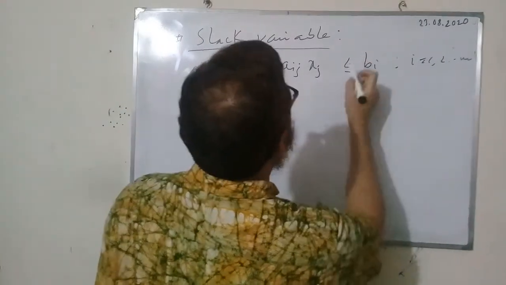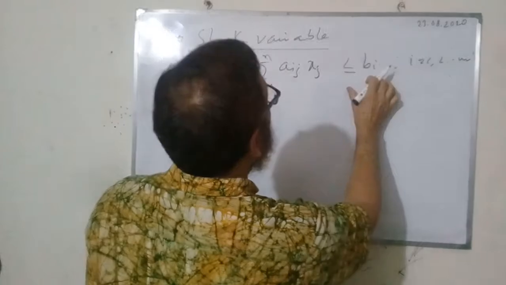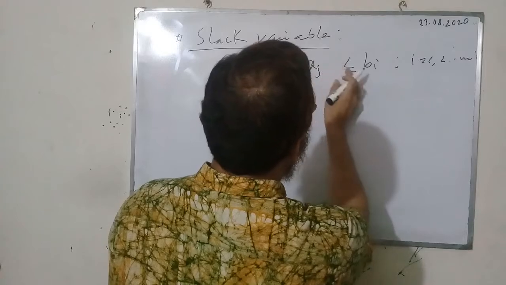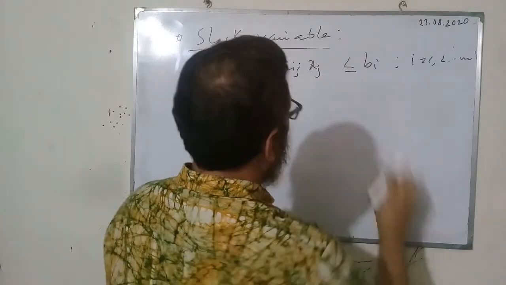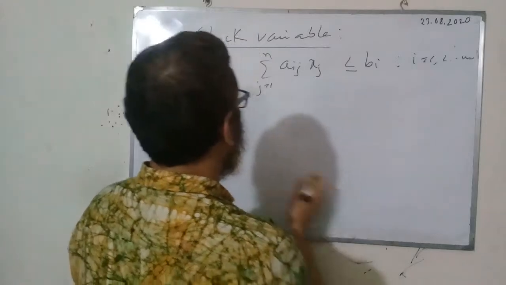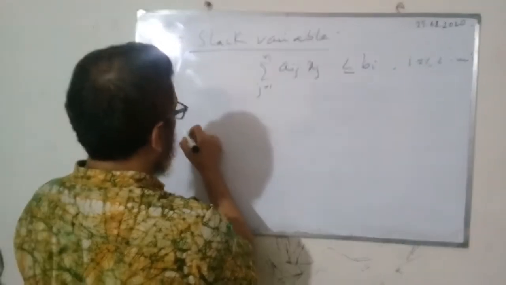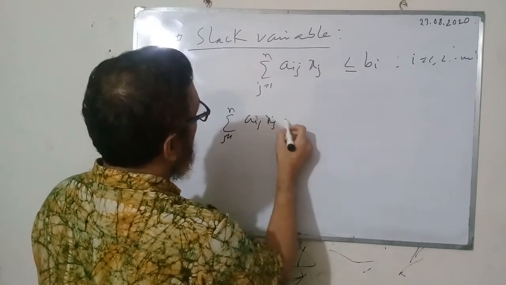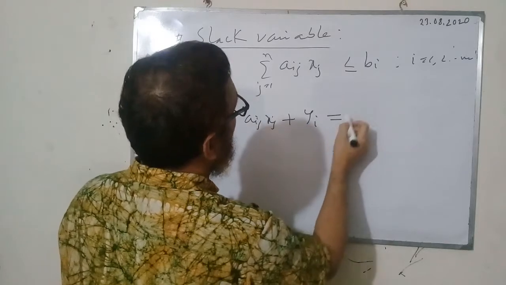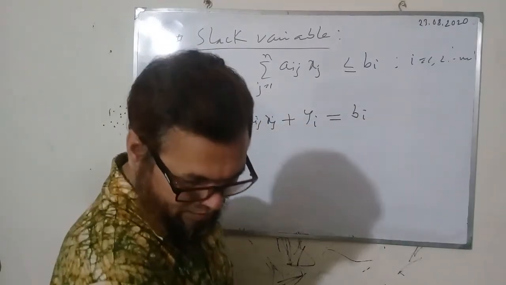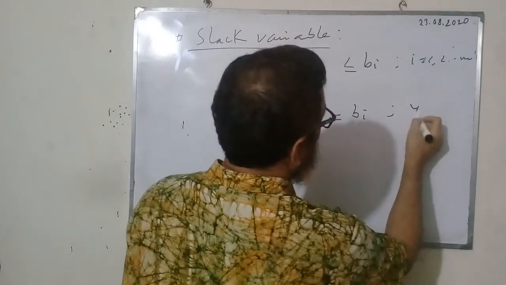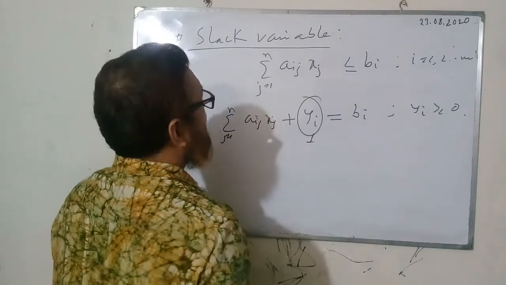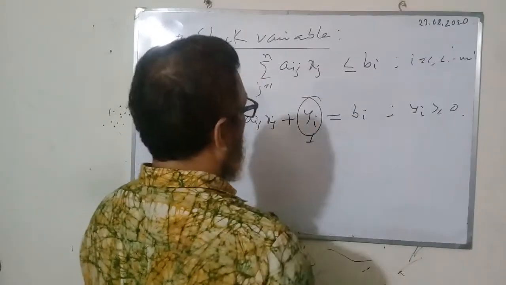If we reduce it to equation form, then we add some non-negative variables to the left hand side of this equation. These variables are called slack variables. That is, if we add yi equal to bi, yi greater or equal to 0, then these variables are called slack variables.